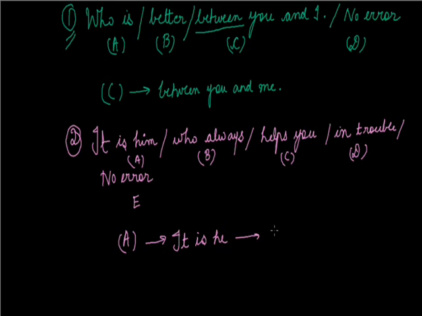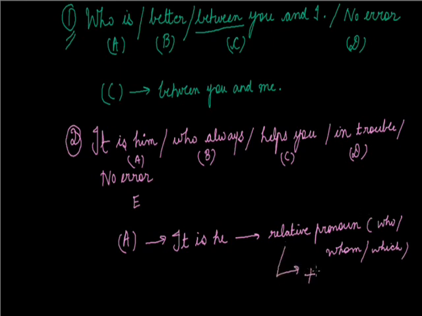Because you know, relative pronouns, whether it may be who, whom, which, or whatever, any relative pronoun is always preceded by subjective case of pronoun. Always subjective case of pronoun must be used before any relative pronoun.